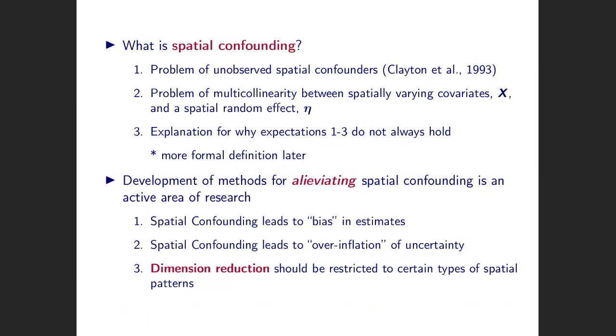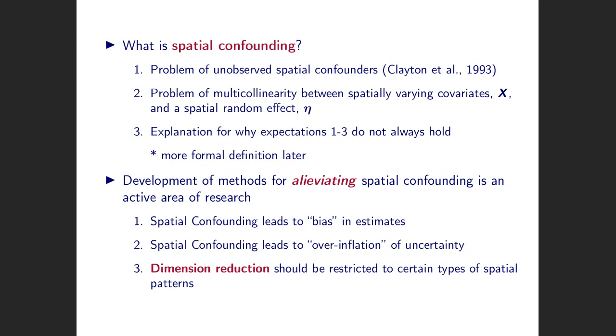So over the last, I would say, 15 years or so, there has been a kind of flurry of activity in developing statistical methodology to alleviate spatial confounding. And this is kind of interesting because of the lack of a really formal definition of what spatial confounding actually means. So nevertheless, in this literature, there is, again, an expectation that spatial confounding, whatever it is, is something that leads to bias in estimates of regression coefficients in spatial models.